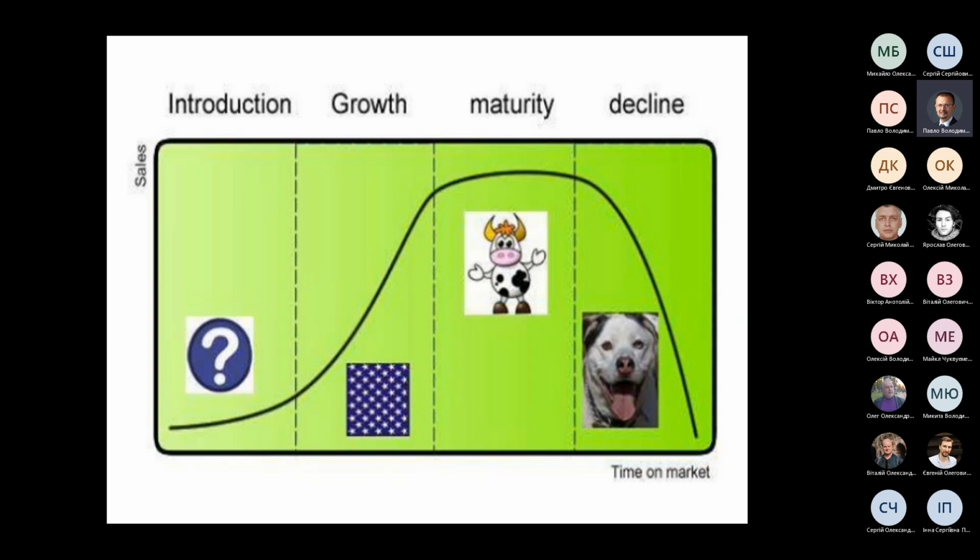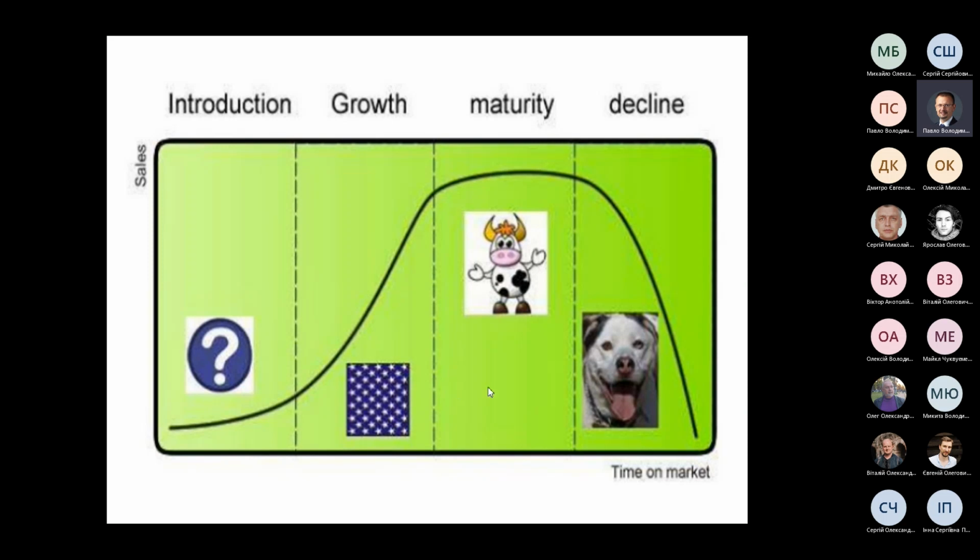We do not have enough money, and in this case, it can be possible to sell one strategical business unit situated here in dogs, or even here. Generally, it is the best situation for the company when the portfolio is balanced.